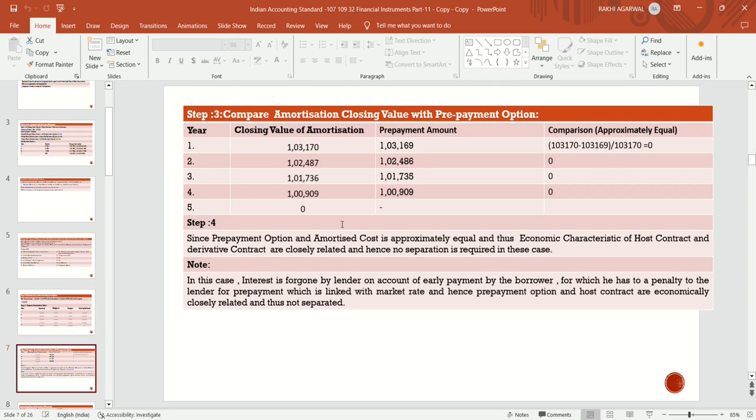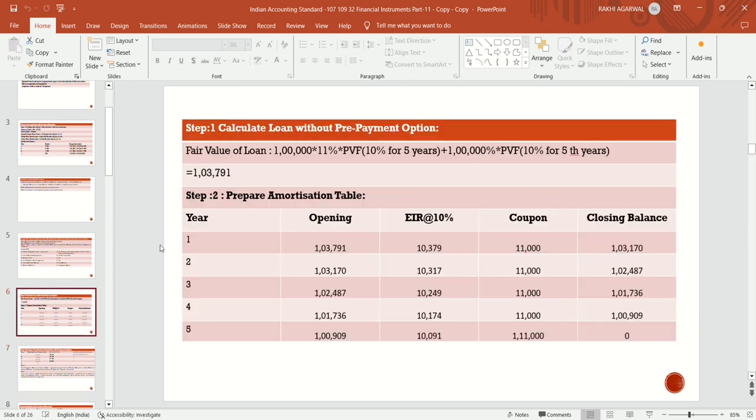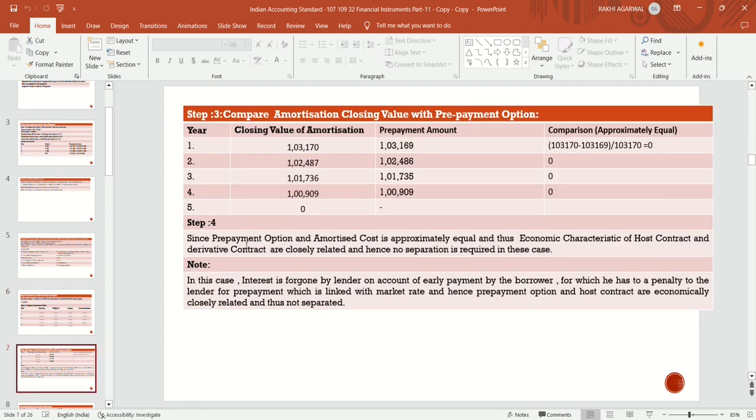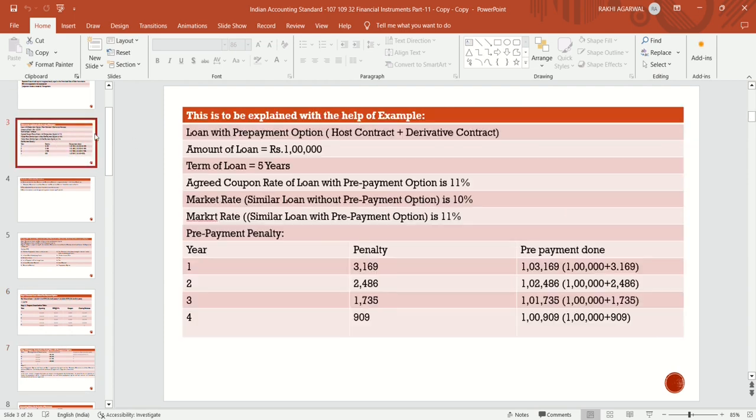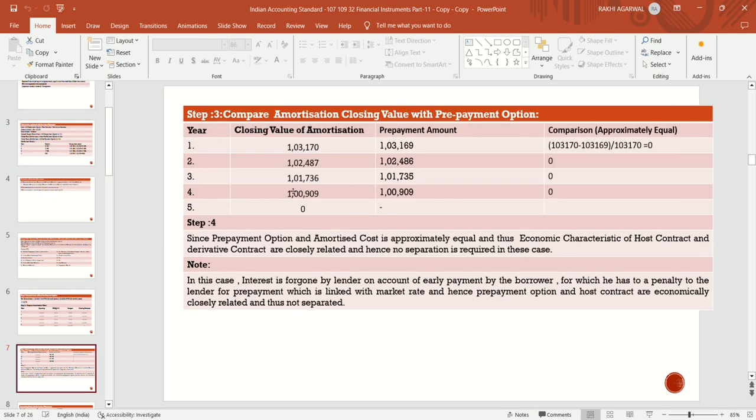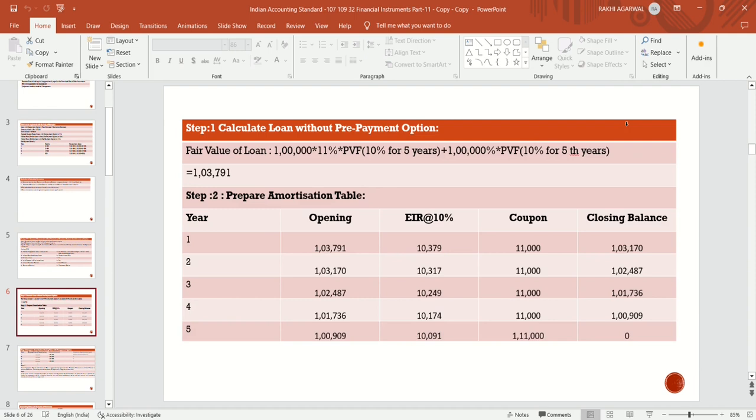Now we will compare the closing value of amortized cost, that is, this is the closing value with the prepayment amount which is given in the question. That is this, with the prepayment amount. Year 1, year 2, year 3. That is the closing balance which we had evaluated here: 103170, 10487.